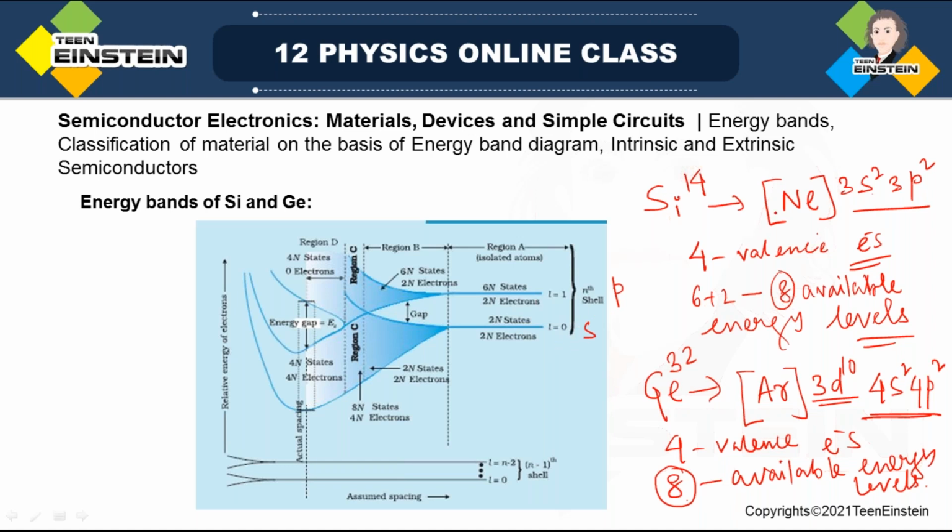Look, one thing here: if I have n atoms of silicon or germanium, then I will have 4n valence electrons and 8n available energy levels.